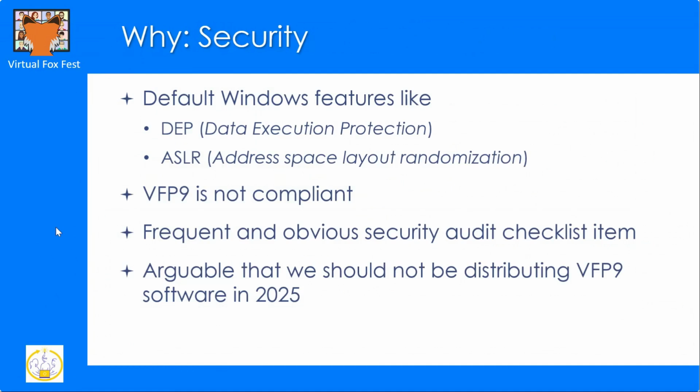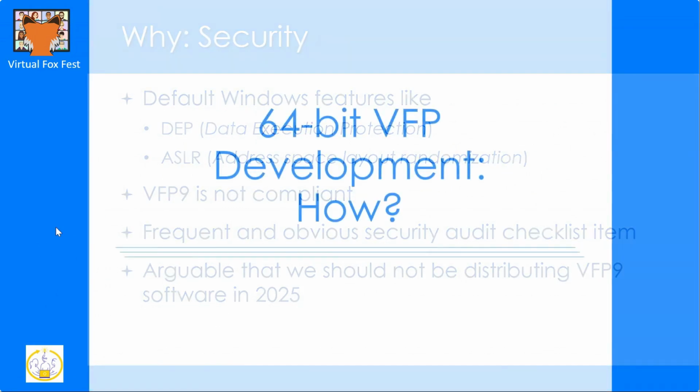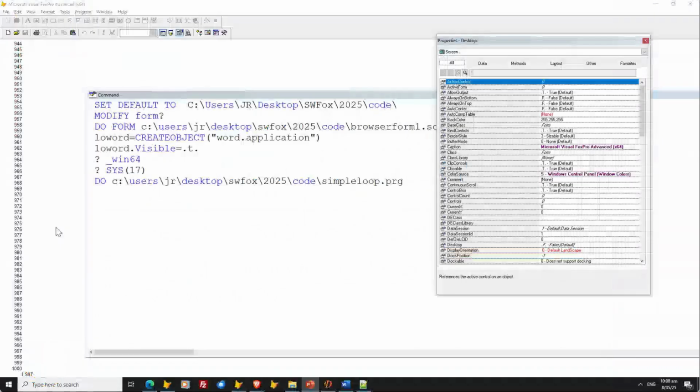And it's been suggested to me, with some merit, I think, that we should not be distributing VFP9 applications in 2025. That's a bit scary. There are mitigations you can use. If people ask in the answer section afterwards, I'm happy to go into it, but I don't want to stop and do it now. So we're back to how.